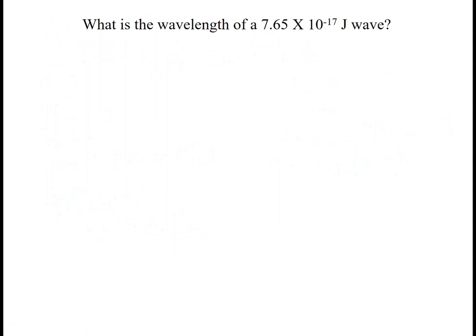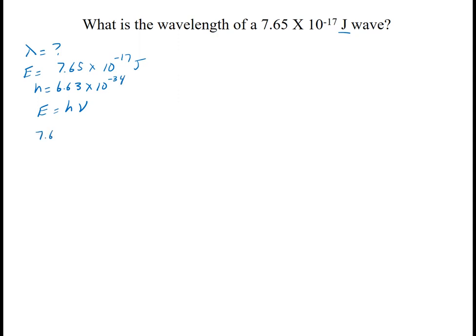Next question says, what is the wavelength? So it wants to know what is lambda, of a 7.65 times 10 to the minus 17 joules wave. So joules is energy. So I have energy is equal to 7.65 times 10 to the minus 17th joules. So I have an equation of energy, but not with energy and wavelength. So my energy equation is E is equal to h nu, and h again is that 6.63 times 10 to the negative 34. It's a constant.